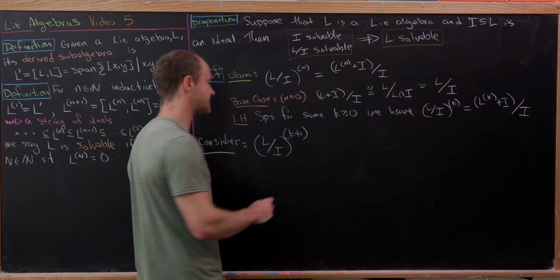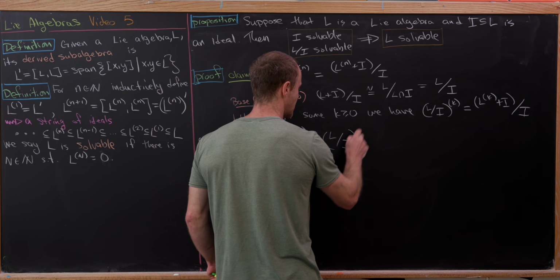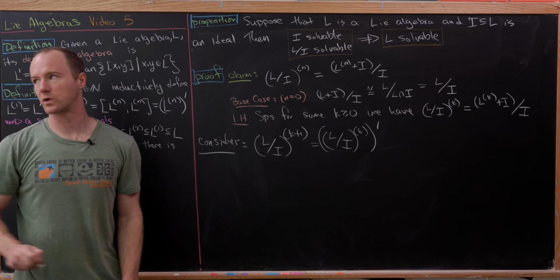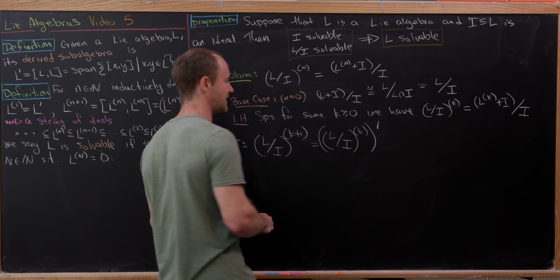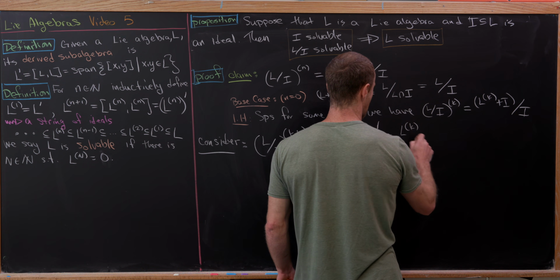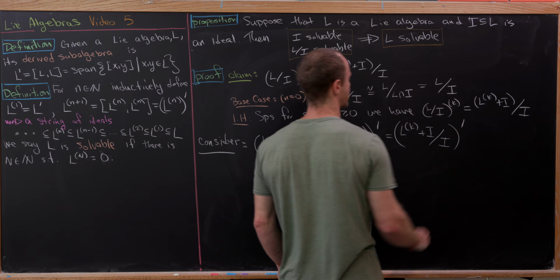Let's notice by definition, this is going to be L mod I upper k and then prime. Well, that's how we're defining these things. But now let's apply the induction hypothesis to the inside. That'll leave us with L upper k plus I mod I, and then we have prime.